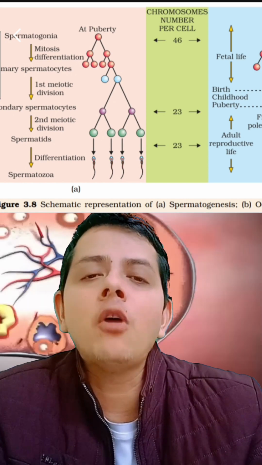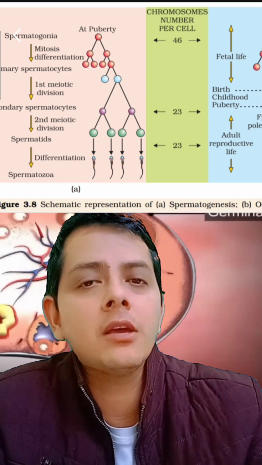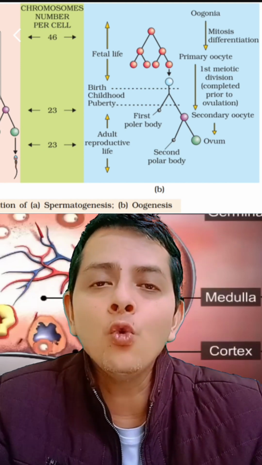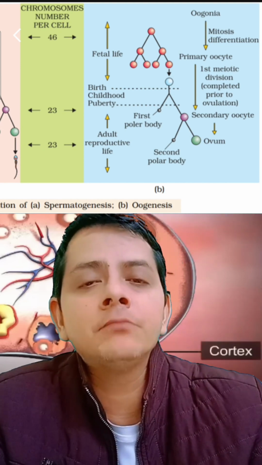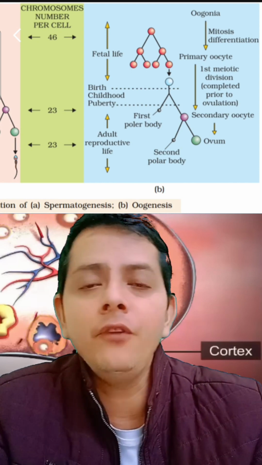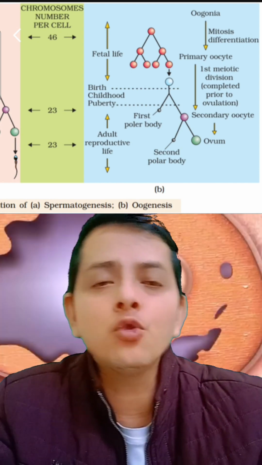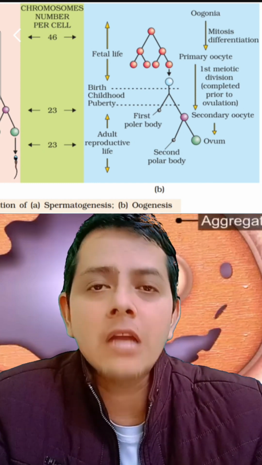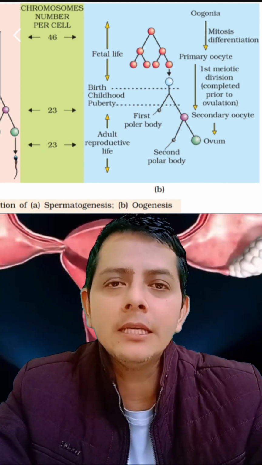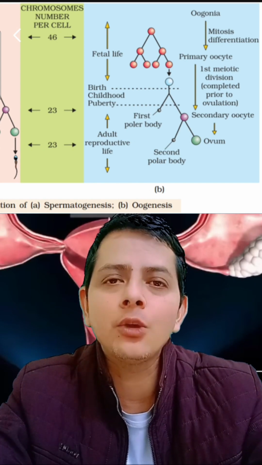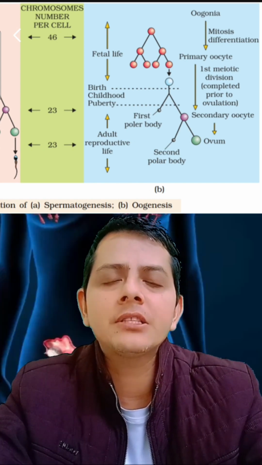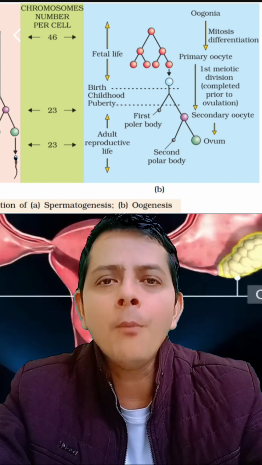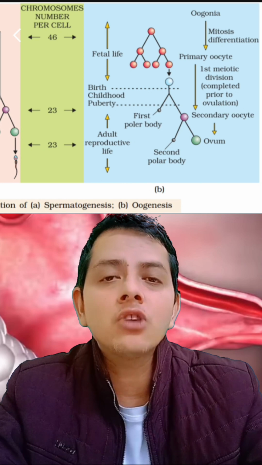The formation of the egg, I mean to say the ovum, is known as oogenesis, and oogenesis starts with oogonia. Oogonia are actually produced at the time of fetus development, and when these oogonia start developing, the meiotic division starts. In oogenesis, primary oocytes become secondary oocytes, and then secondary oocytes transform to become the ovum, but the process does not happen at once.